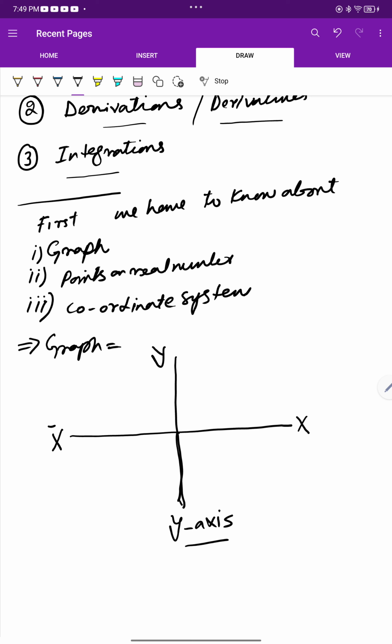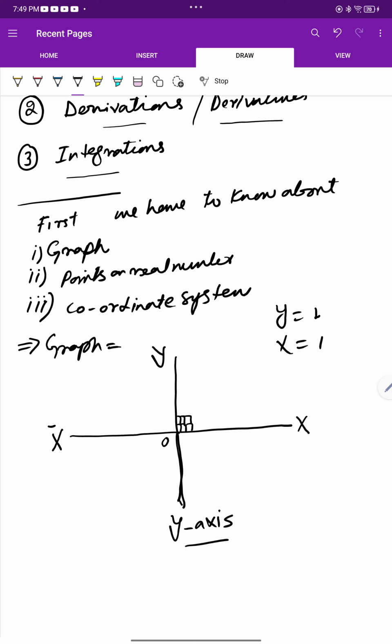If you go deep, the graph paper is like this, with small squares. You need two values, one for y and another for x. It's a plane; we deal with this in the plane, not in three dimensions.